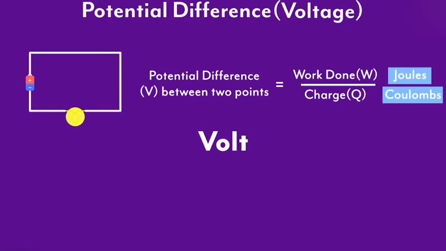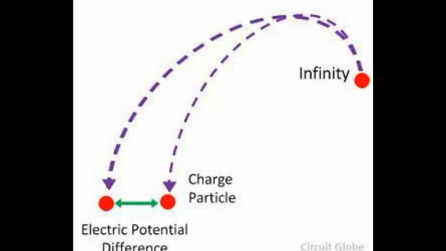What is meant by this potential difference between the initial point and final point of that charge? The potential difference between 2 points in a conducting material is the work done to move a unit charge between those 2 points.